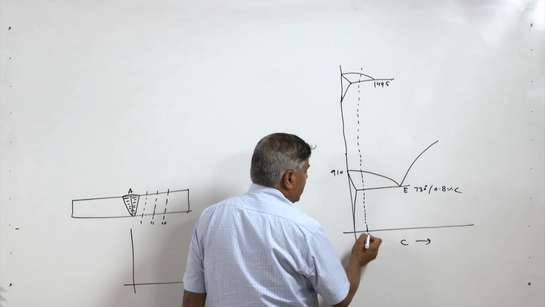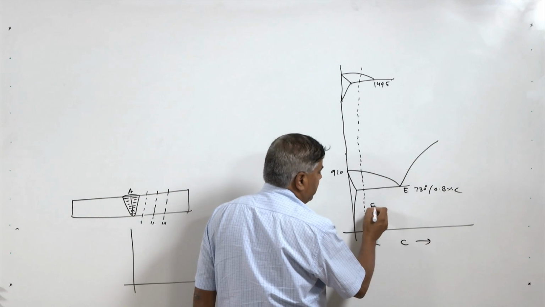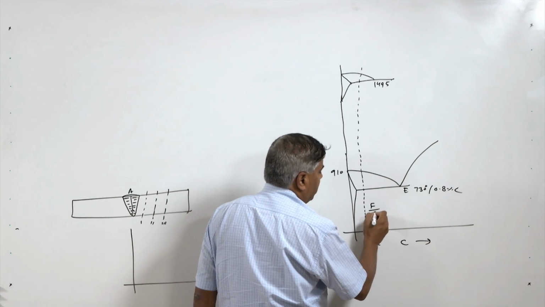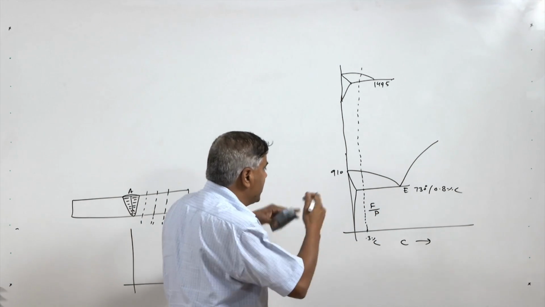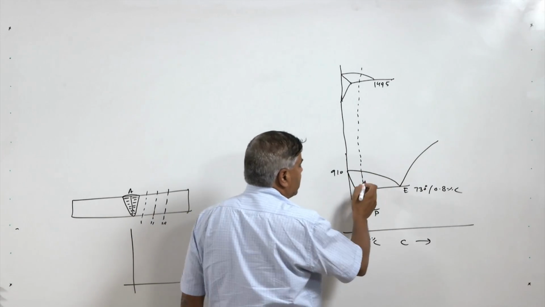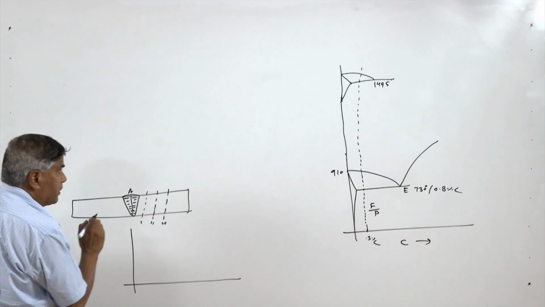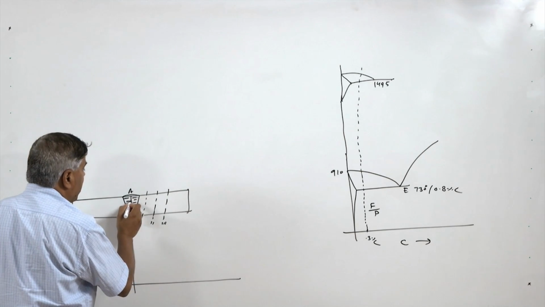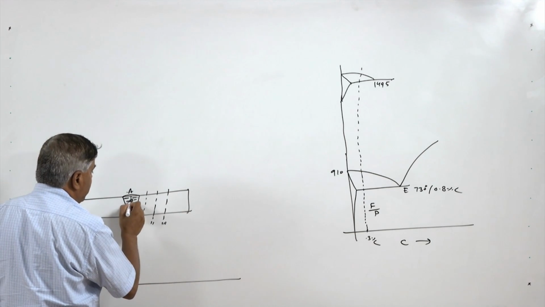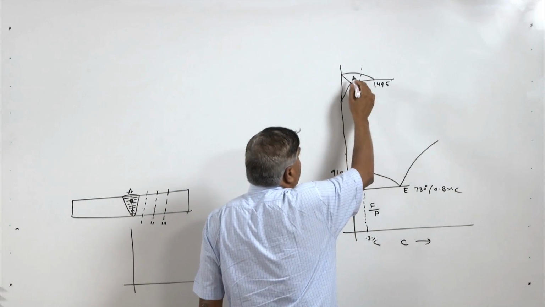So, we will see that the system will be having mostly the ferritic with a little amount of the perlite. When it is heated, the different points will be experiencing different temperatures. So, with respect to the weld thermal cycle, the point A which is in the weld zone will be experiencing the temperature greater than the liquidus temperature.